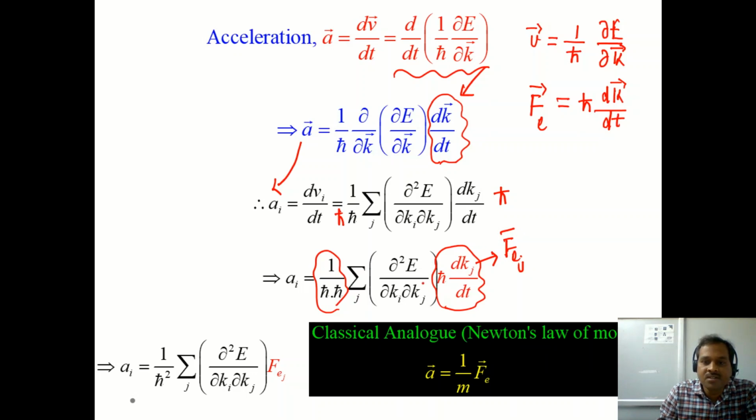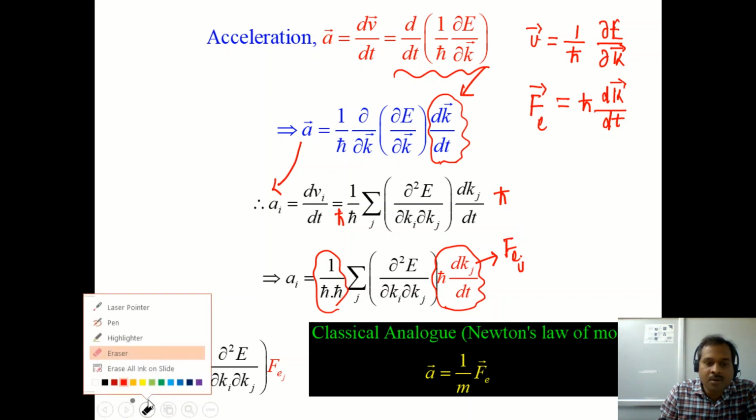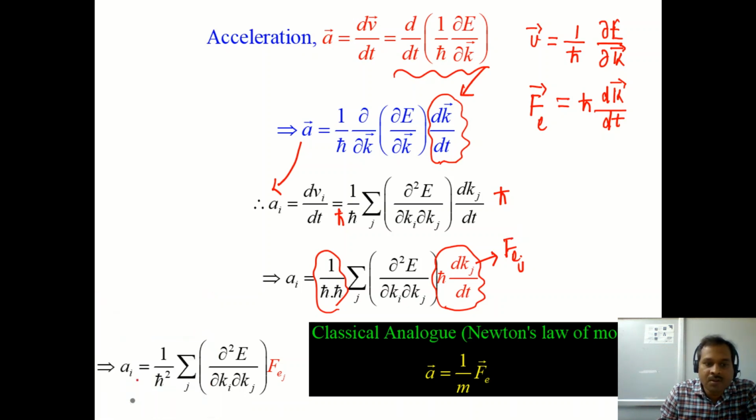So a_i can be written as 1 by h cross square, summation over j, d square E by dk_i dk_j, F_e,j.